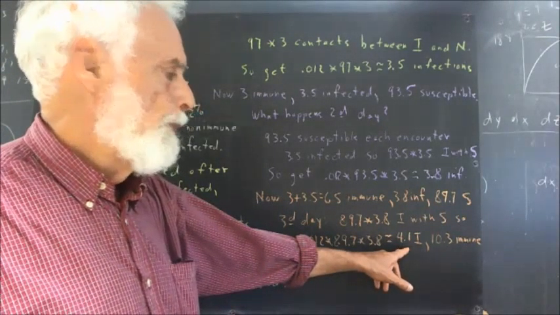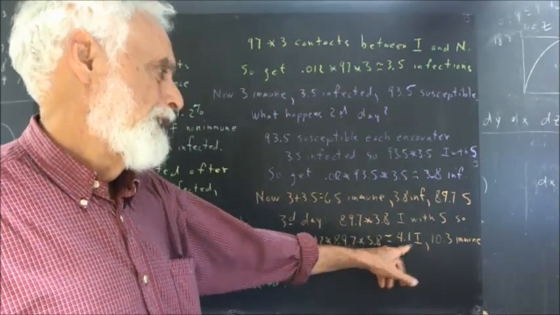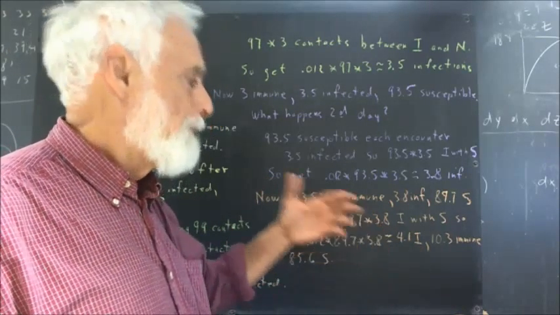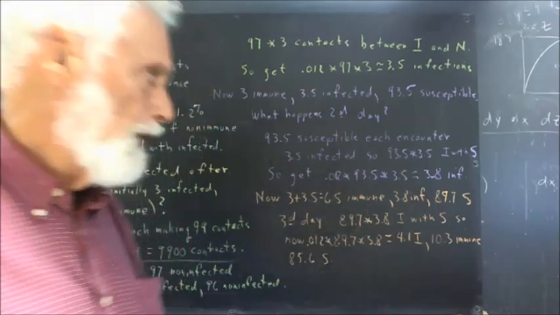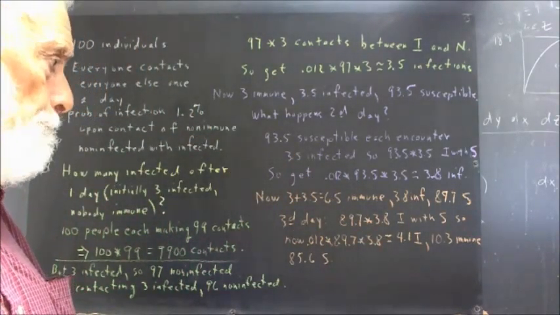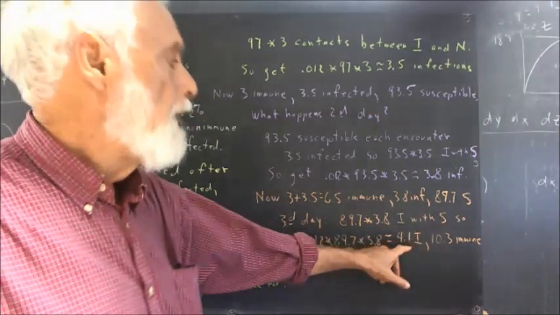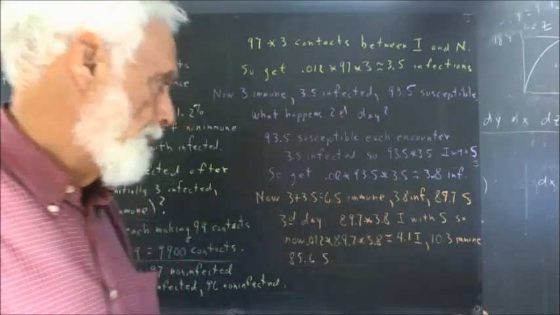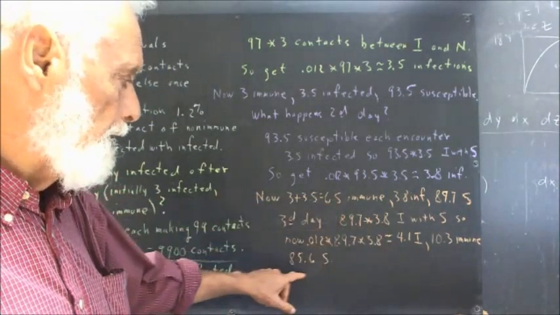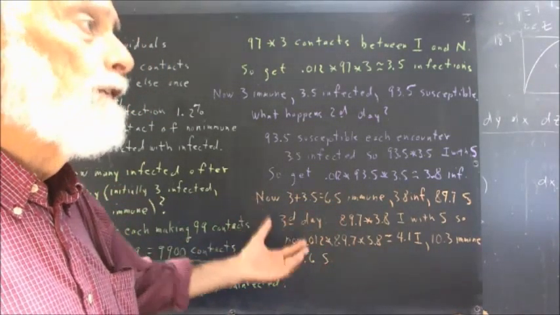3 out of 4.1 is about, I'm sorry, what am I saying? 0.3 out of 4.1 is about 7%. Okay, from 89 down to 85 is about 5%.